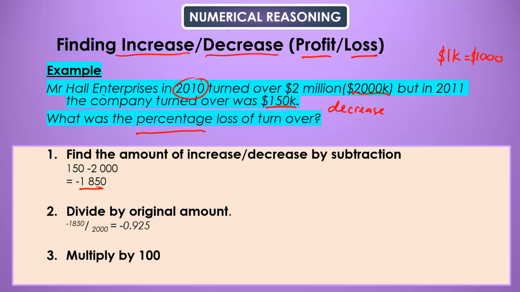Now the third step: we multiply that number by 100. And what I end up with is minus 92.5%, which means the turnover had decreased by 92.5%.